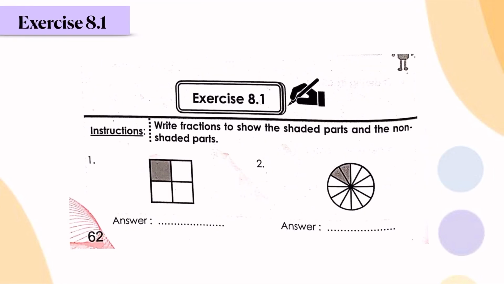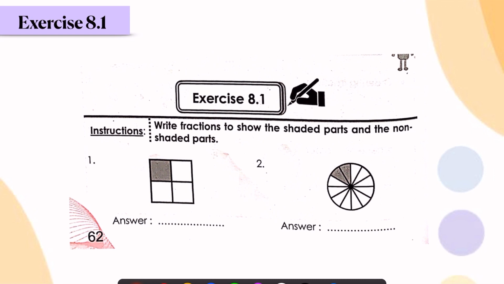So now let's move on to the exercise. Exercise 8.1. Very easy for you, I know. I want you to do this together with me. Open your book and turn to page number 62. They want you to write fractions to show the shaded parts and the non-shaded parts.